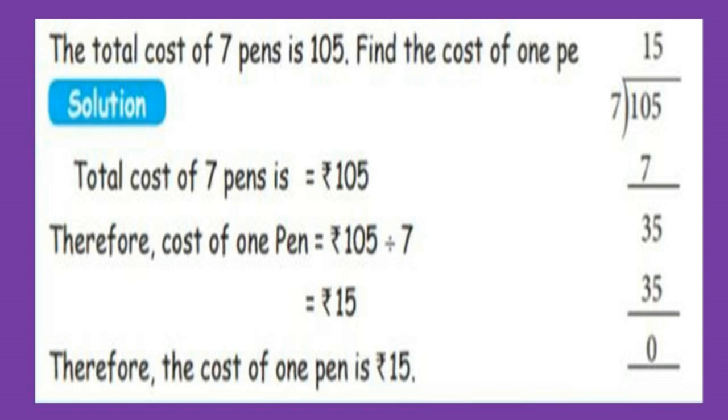The remaining is 3. Bring the 5 down. 35. So 7 fives are 35. So the remainder becomes 0. You will get the answer, that is quotient, 15. So the cost of 1 pen is 15 rupees.